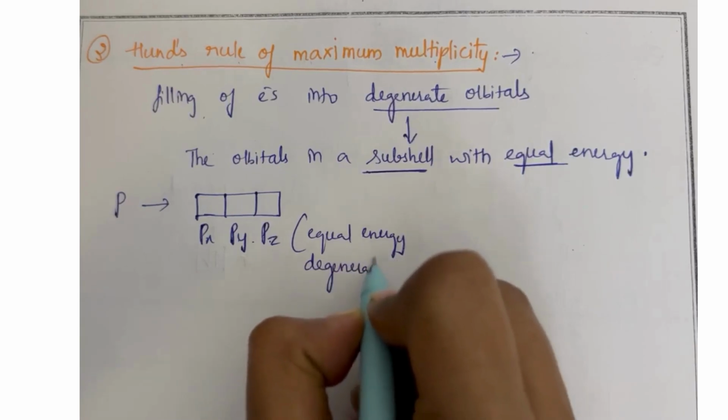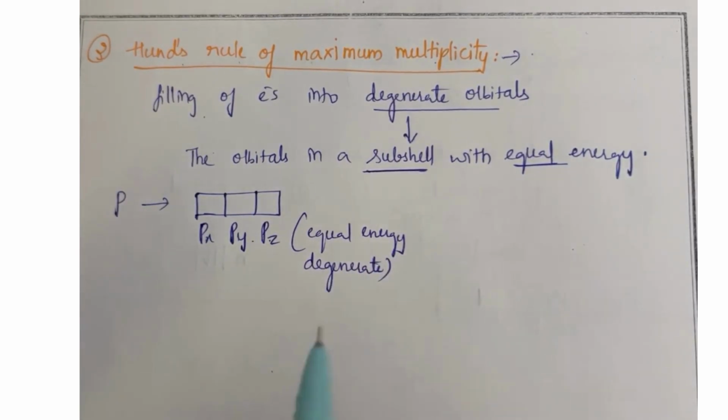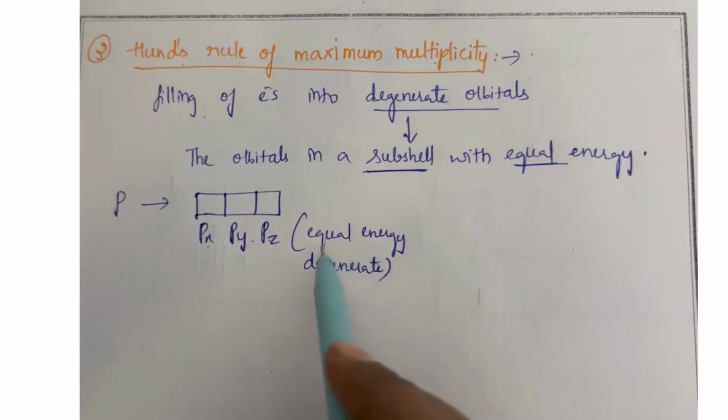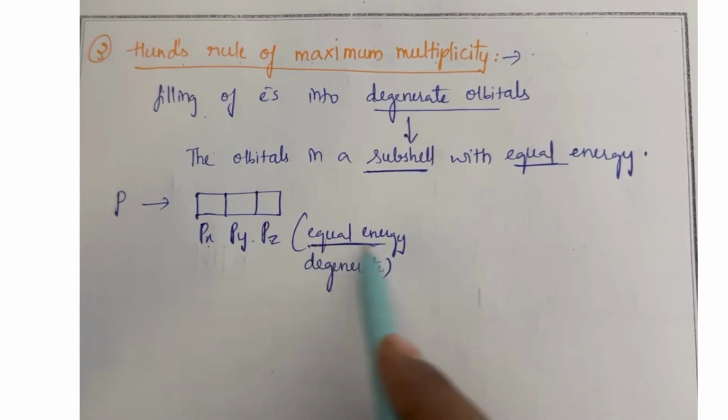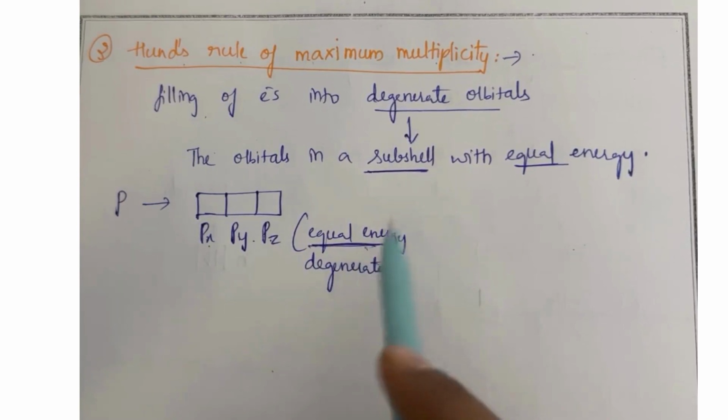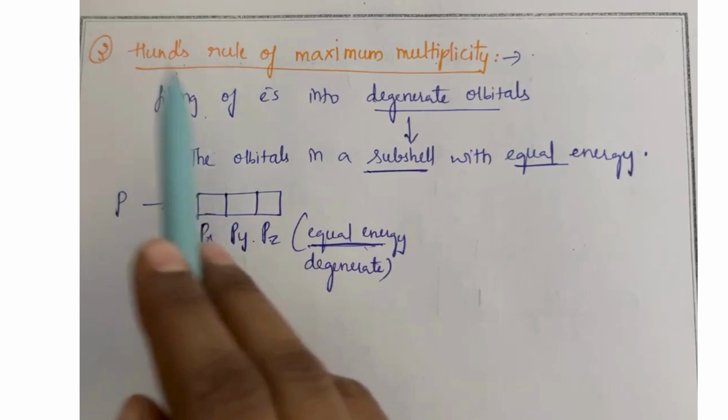Degenerate orbitals. Now according to Aufbau, we need to fill the lower energy orbital followed by the higher energy orbital. But how about orbitals with equal energy? Then we need to follow Hund's rule. What is it?